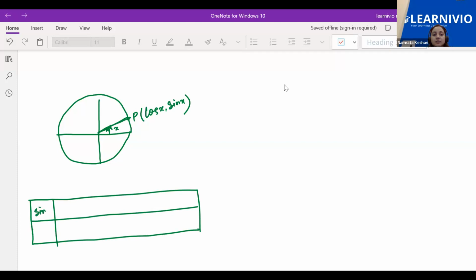Sin x, cos x. We realize that when the angle is 0, sin theta is 0, cos theta is 1. Okay, after 0 we'll be taking pi by 6, 30 degrees, and at pi by 6 we already know the values.